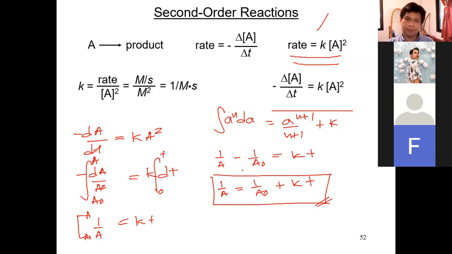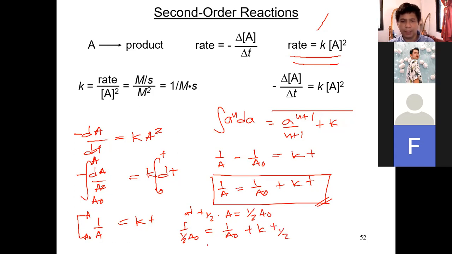Halimbawa, half-life. How do you solve half-life from this equation? So, at half-life, diba, alam niyo na naman to, ang consequence niyan, yung A is equals to 1/2 A sub O. Tama? So, substitute na lang dito yung 1 over 1/2 A sub O, equals 1 over A sub O, tapos plus K t 1/2.